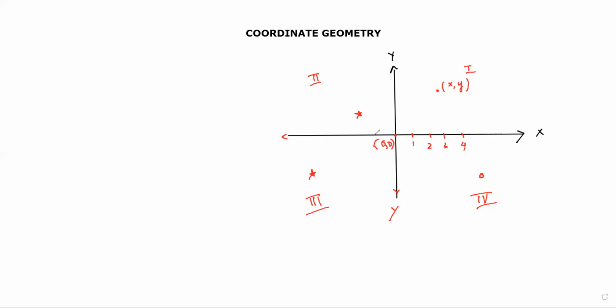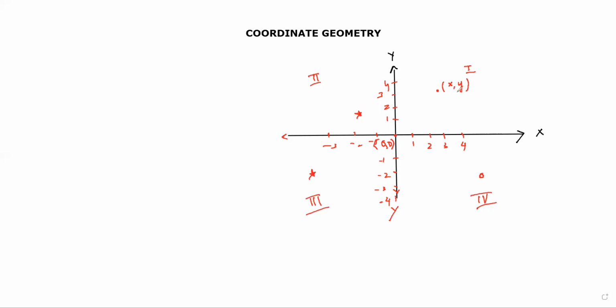Similarly, on the negative side, -1, -2, -3, -4. On the north side, +1, +2, +3, +4. On the south side, -1, -2, -3, -4, and so forth. Now you will find it is so easy to write the coordinates of any point in the entire Cartesian plane. This entire system is called the Cartesian plane.